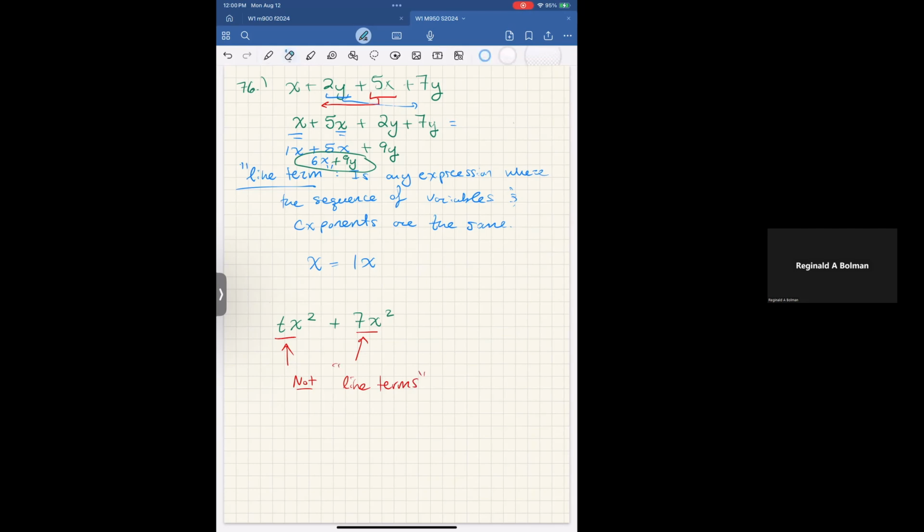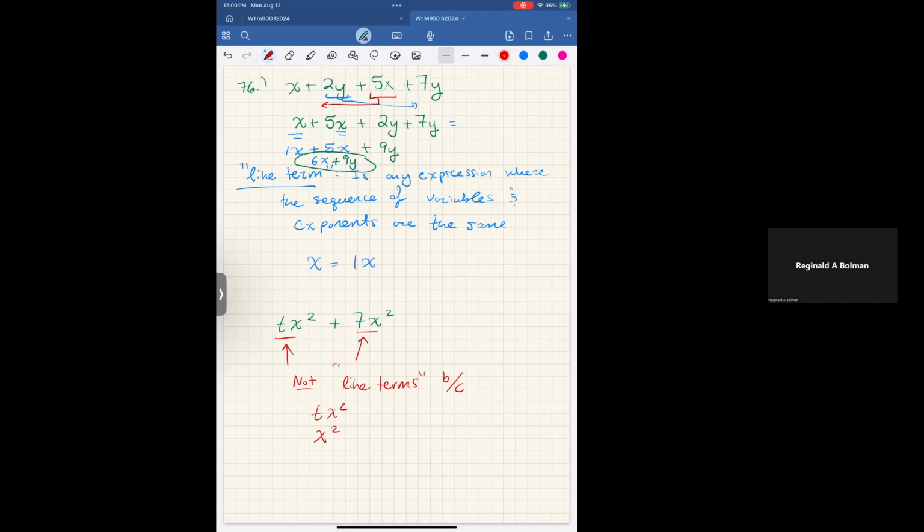These are not like terms because in one instance you have a tx squared, and another instance you have an x squared. So if you wanted that 7x squared to be a like term, there needed to be a t, another variable that's hanging out in front. But since that doesn't exist, you would say that they're two different separate physical quantities, and the tx squared is representing something totally different than the 7x squared.